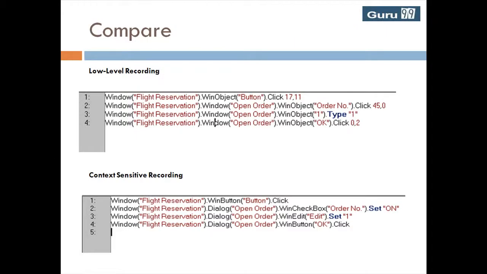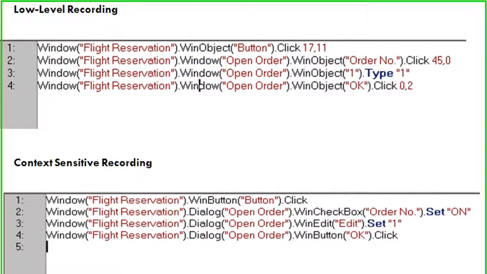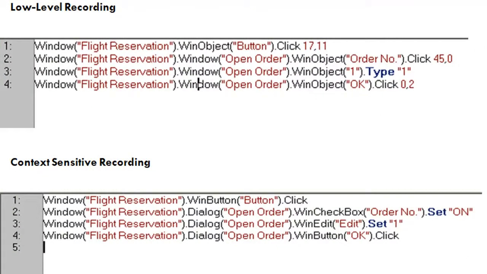If you record the same 4 steps in context sensitive mode and compare it with the low-level recording mode, you will observe that low-level recording mode uses only Window and WinObject, whereas context sensitive uses Dialog, WinCheckBox and many other objects. Also, low-level recording mode stores the X and Y coordinates of any clicks, while context sensitive does not record the same.